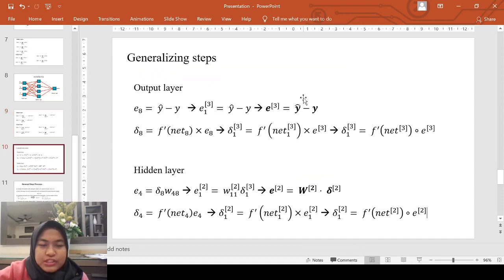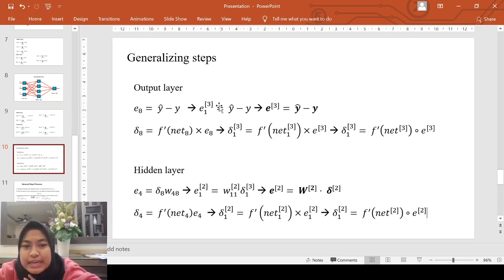So we want to further generalize the equations that we have. So E8 is the error. We get this by calculating y hat minus y.